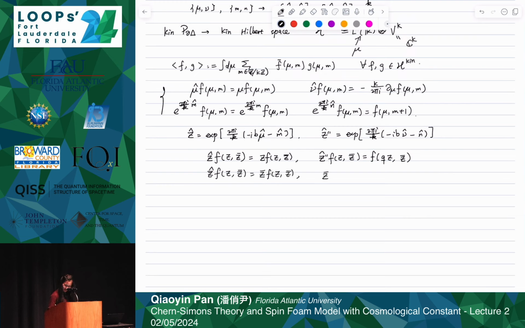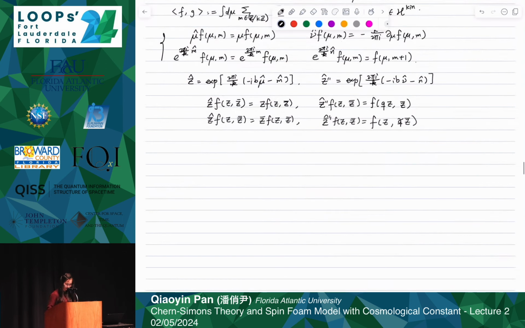And the z bar double prime multiplies the variable z bar by q tilde. So it's a very simple operation on the functions of the kinematical Hilbert space.